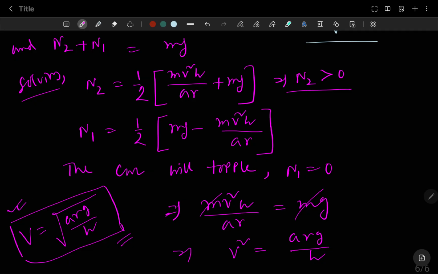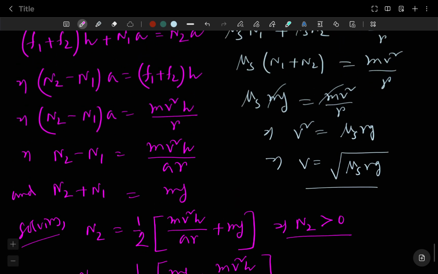In order to avoid toppling, the car must take the circular turn on the horizontal road with velocity below this value. So this is the condition of no toppling. So you see, for no toppling, the car can execute a circular turn with a high velocity if H is lesser and A is greater.